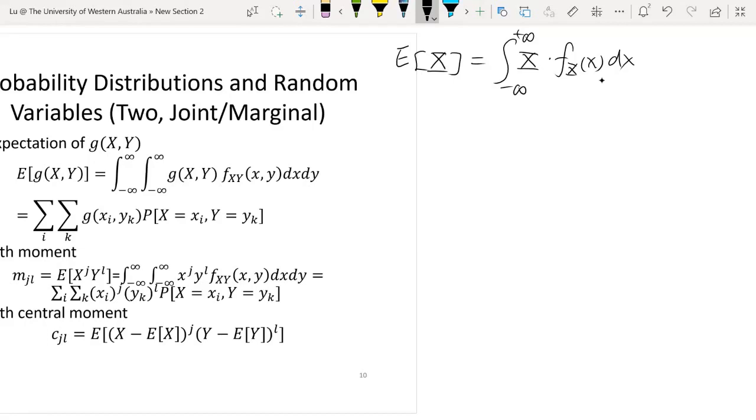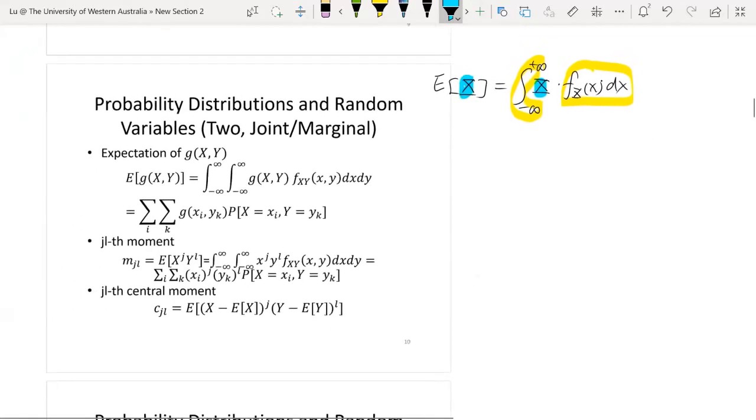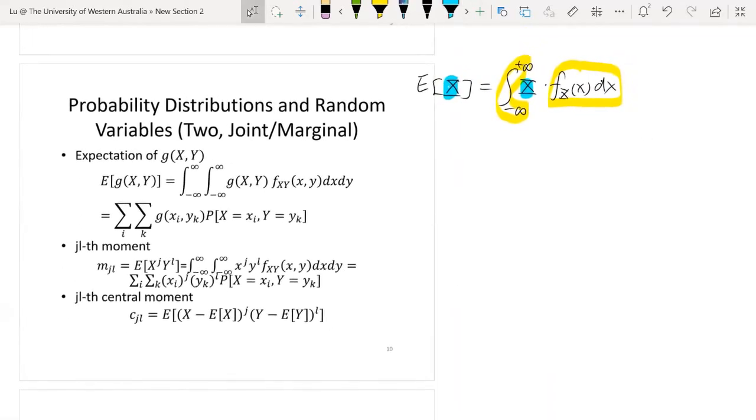We also mentioned the expectation operation is just like a template. You have the integration and multiply by the PDF and dx. No matter what you have here, put the same thing here. Get that? When we move on to the g function, which involves two random variables, the idea remains exactly the same. The expectation operation is also an integration with the PDF and dx dy.